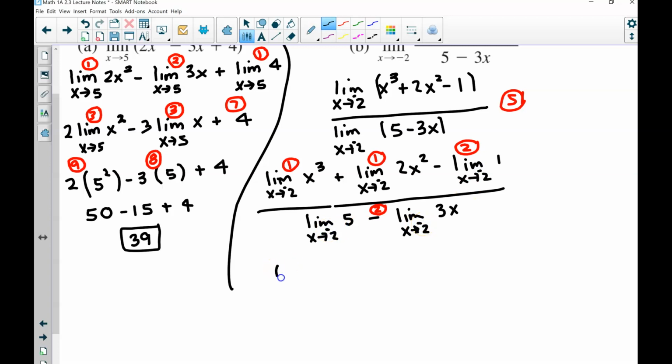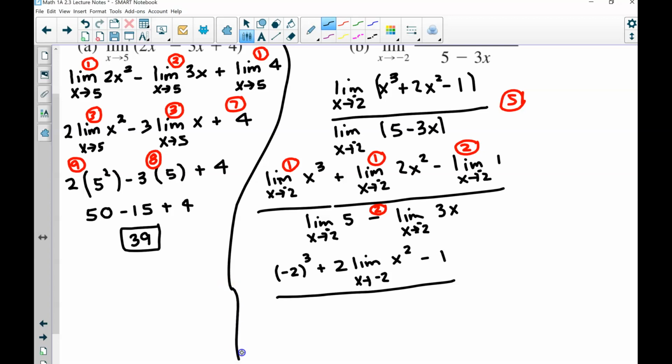Okay, so we have negative 2 to the third power plus 2 times the limit as x approaches negative 2 of x squared minus 1.